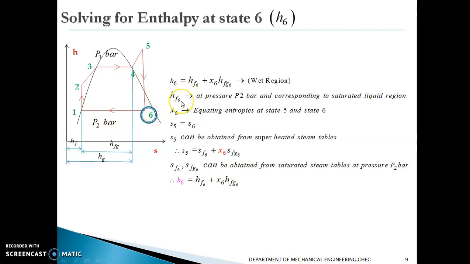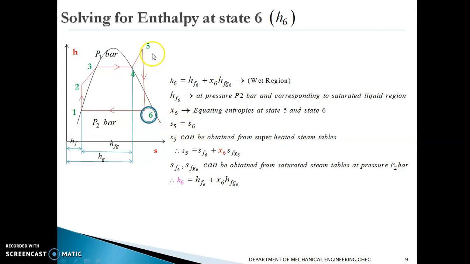But x6 should be found out. x6 is calculated by equating the entropies at these two states. Since this is a constant entropy line, the entropy at state 5 is equal to the entropy at state 6, so s5 is equal to s6.